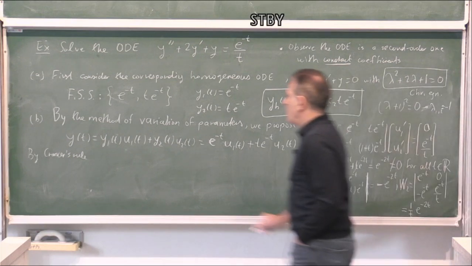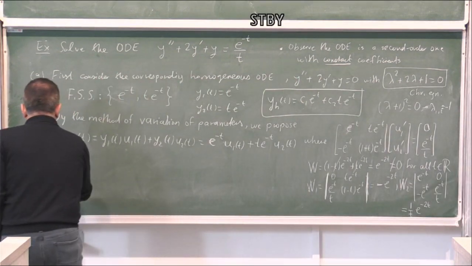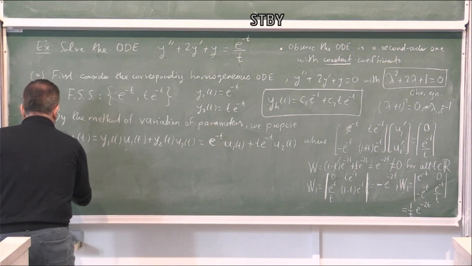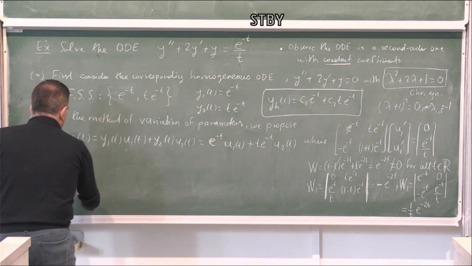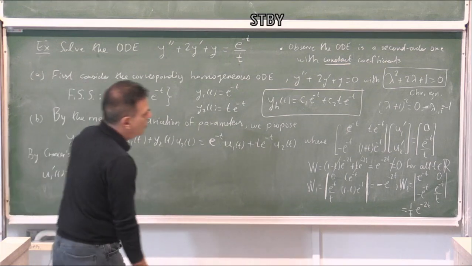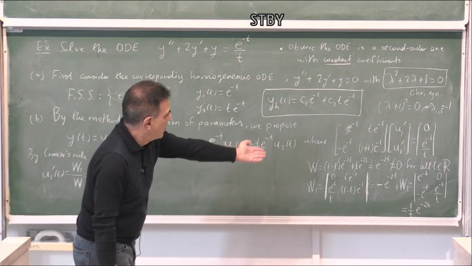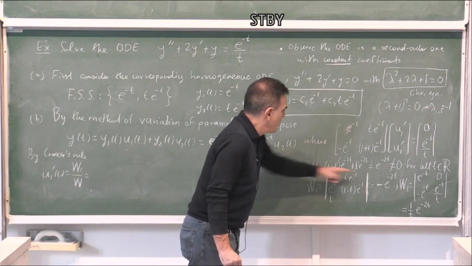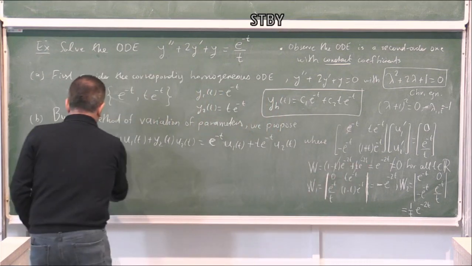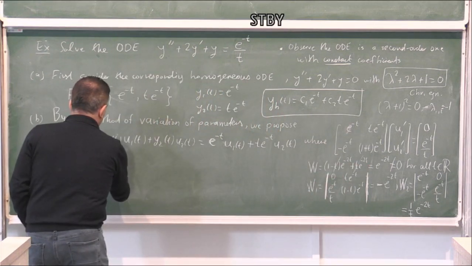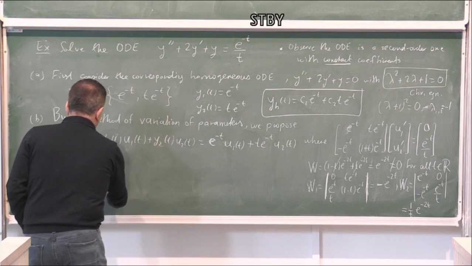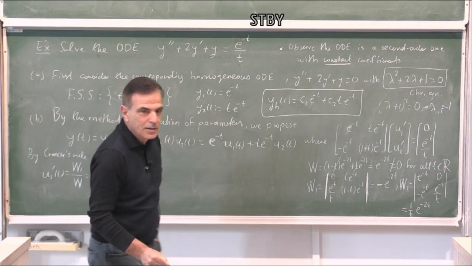Okay, so by Cramer's rule, we find that u1 prime is omega 1 over omega. So omega 1 over omega gives minus e to power minus 2t over e to power minus 2t, which is minus 1, isn't it?